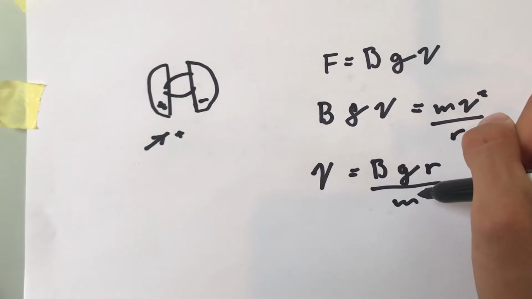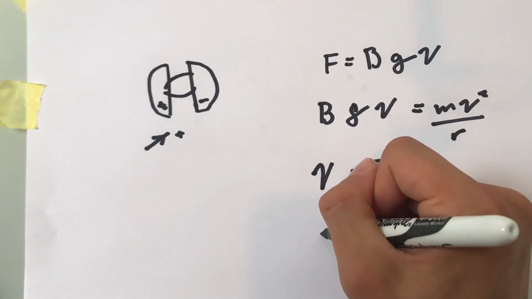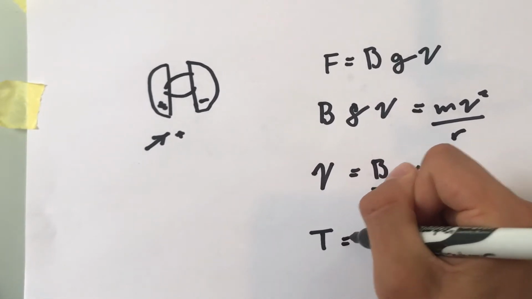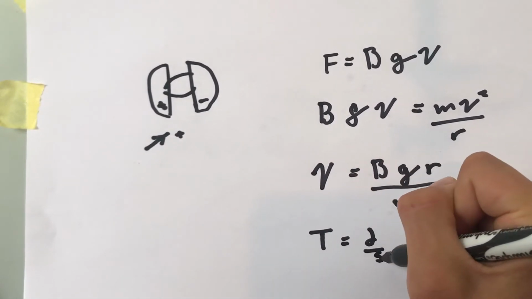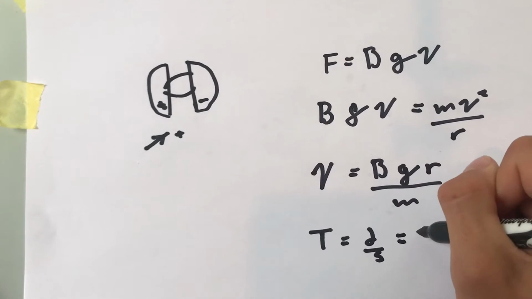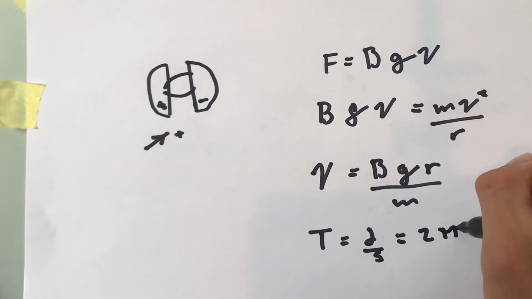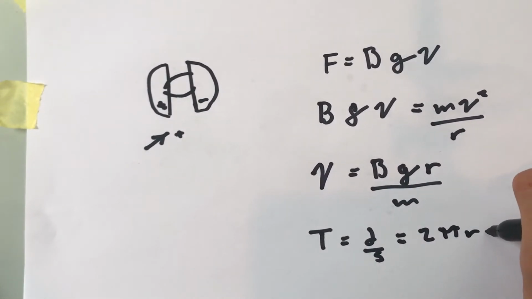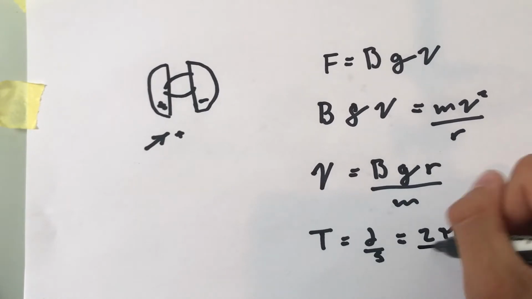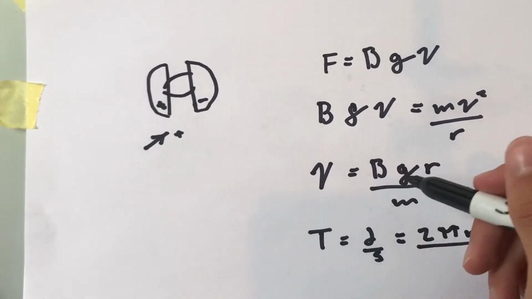And if you take the time for one orbit, t, that equals d over v, which then simply equals 2 pi r divided by, of course, the velocity.